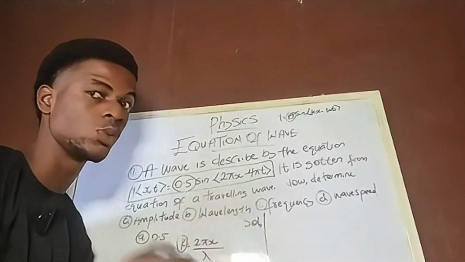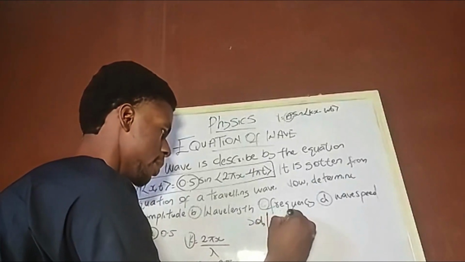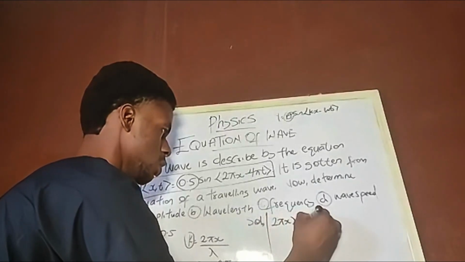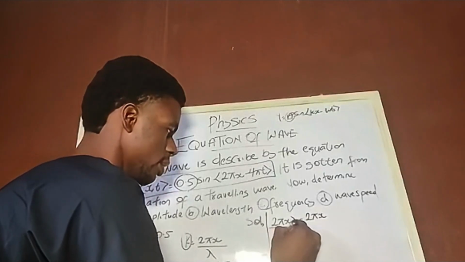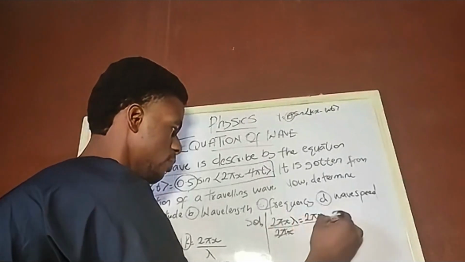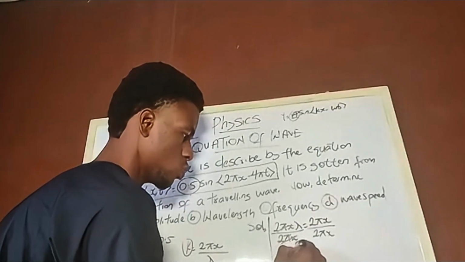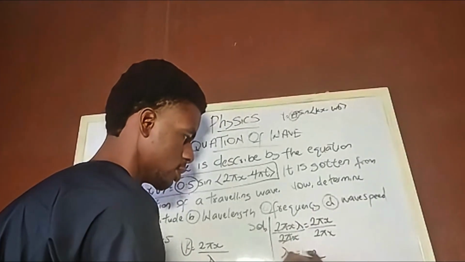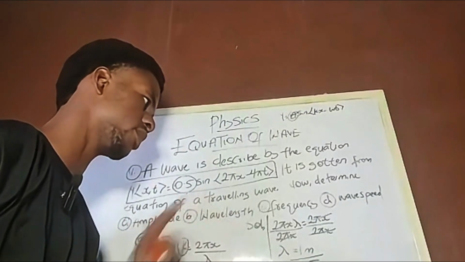This lambda is known as wavelength. So we cross multiply: 2πx·λ = 2πx. Divide both sides by 2πx. So your lambda is equal to 1 meter. The meter is the unit for lambda. That is the wavelength we have gotten.